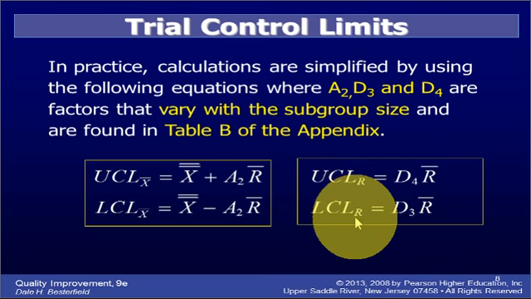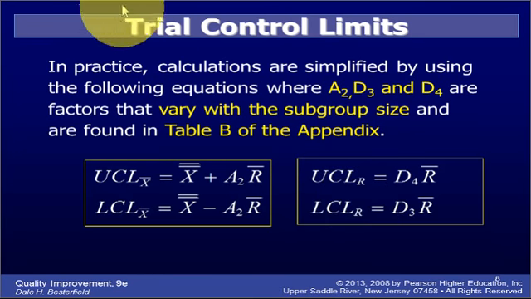But if any point falls below the LCL R, that means this subgroup is exceptional, great, or excellent for the performance, because it has a range that is even smaller than the lower control limit, aka your samples in one subgroup are close to each other.